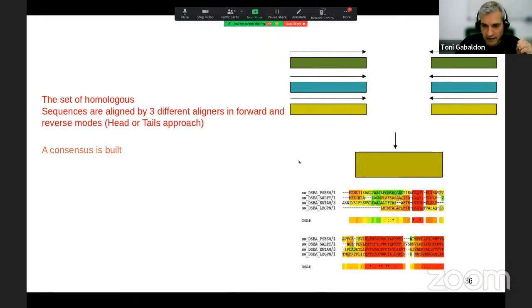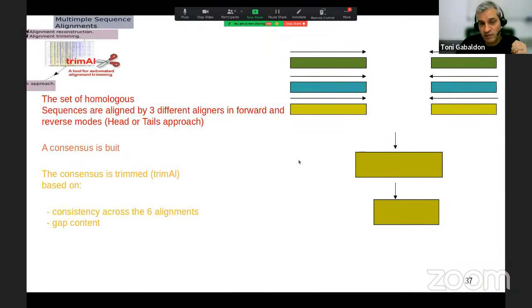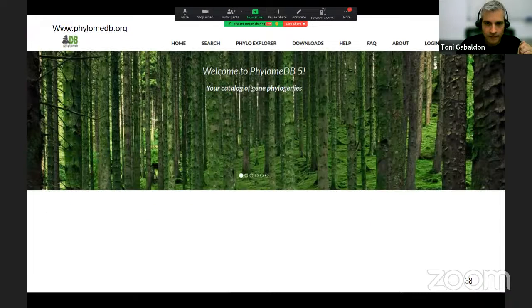And we use this to trim with trimAl. We trim the regions that are very unstable, so we keep regions that are more robust to the alignment procedure.